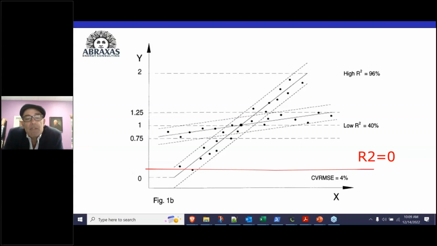They have the same midpoint or average bill, and the R squareds are way different, all right? So that's a problem with R squared. If you're in San Francisco or Hawaii where the weather's the same almost all the time, you're going to end up with a low slope, and it's going to be hard for you ever to get an R squared above 0.75.